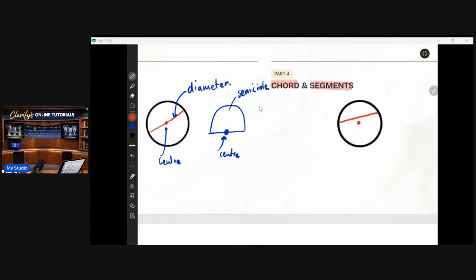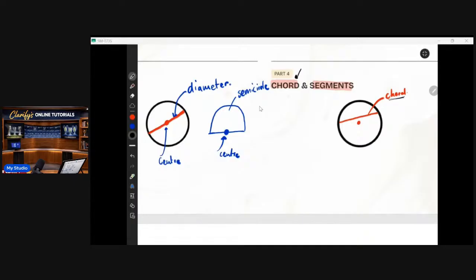We saw that diameter passes through the center. But this line is called a chord. So chord is any line that doesn't pass through the center. If it doesn't pass through the center, then it's called a chord. So here it is, a chord.